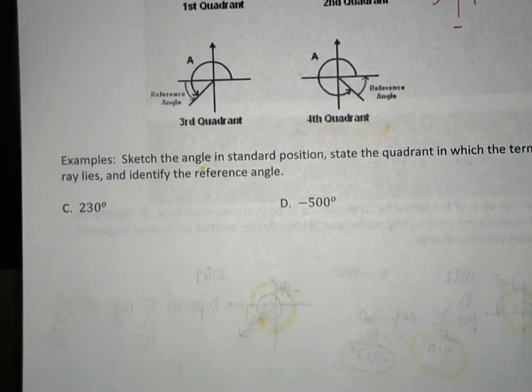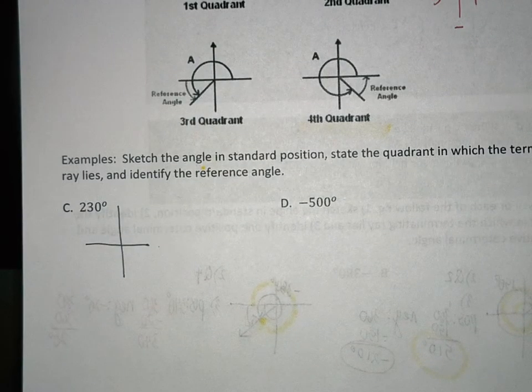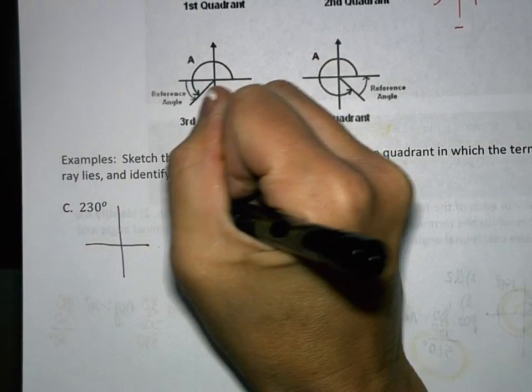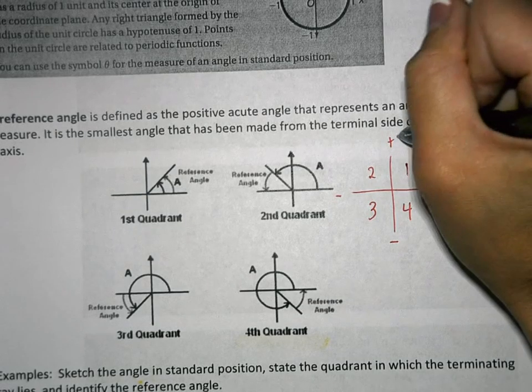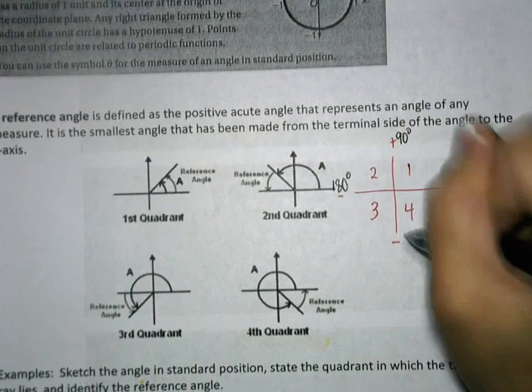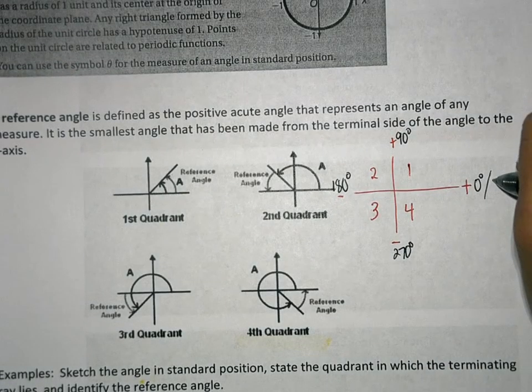Okay, so for letter C, 230 degrees is going to end up in which quadrant? 3. In fact, I'm going to go back up here in case you've forgotten. Remember, this would be 0 degrees. Going up here, that's 90 degrees, 180 degrees, and this is 270 degrees, and then it goes back up to 360.